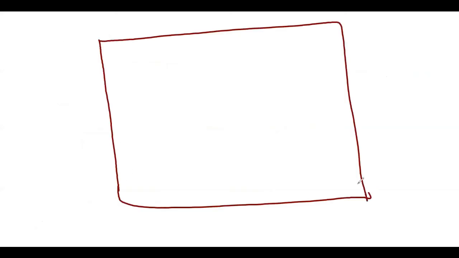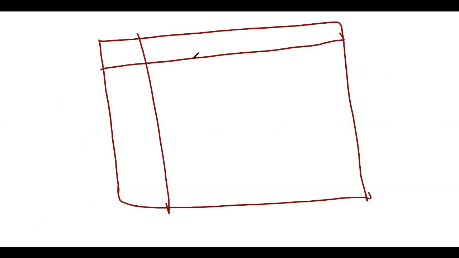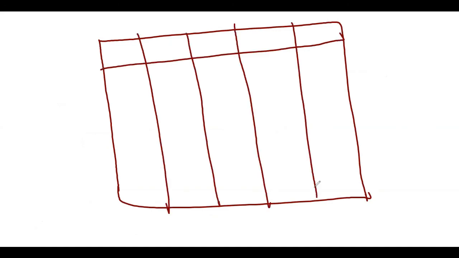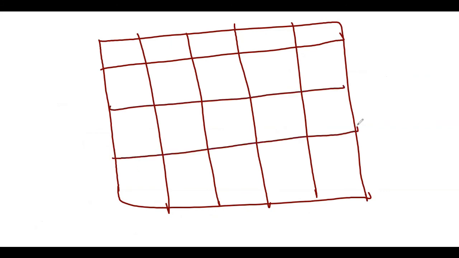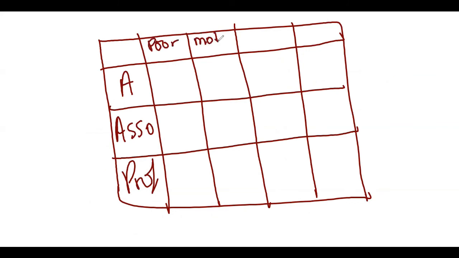Now one thing I also want to tell you about the table we make in the chi-square test. Suppose we have this kind of table: assistant professor, associate professor, and professor, against poor performance, moderate performance, good performance, and exceptional performance.